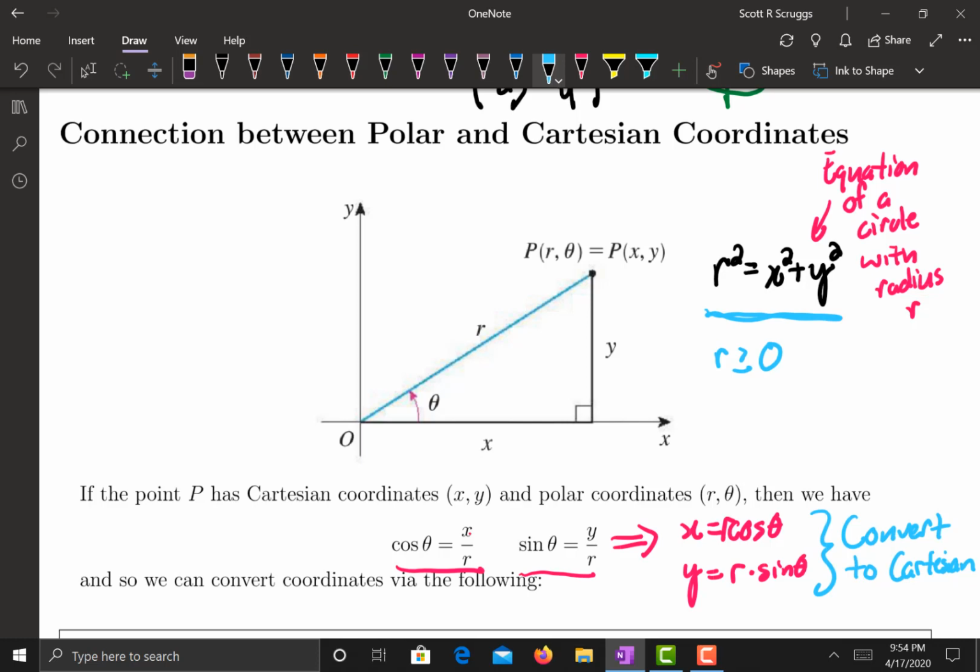Now, how am I going to get the angular coordinate? Well, if I'm given the Cartesian coordinates, I know what x is and what y is.